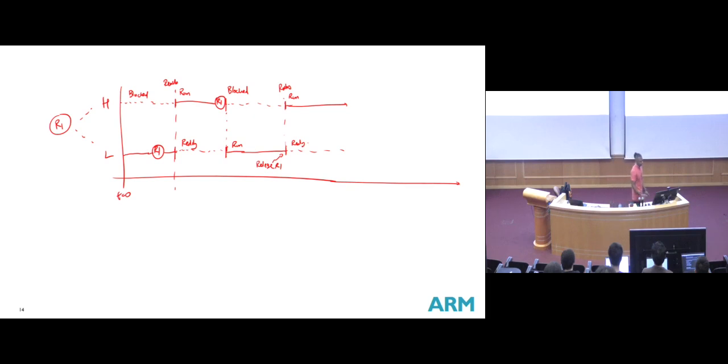So what is happening here? This duration from here to here is what we call the priority inversion. Why is it priority inversion? Because a high priority task is waiting for a low priority task.